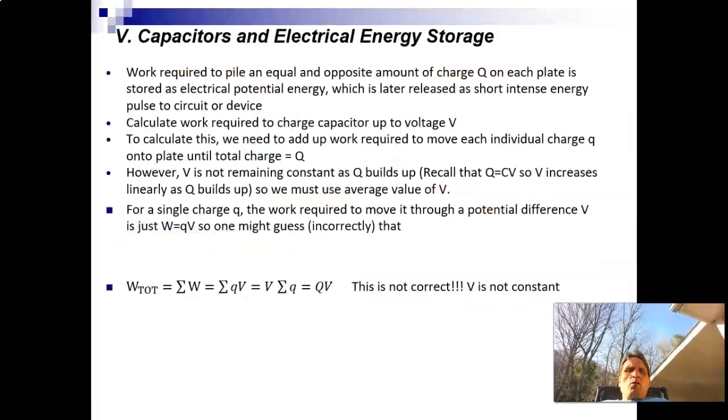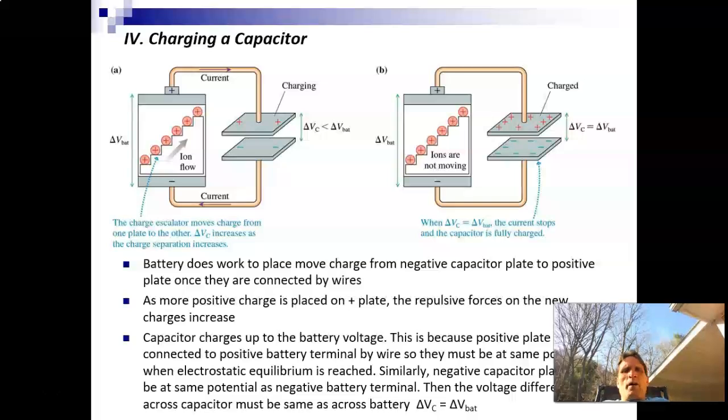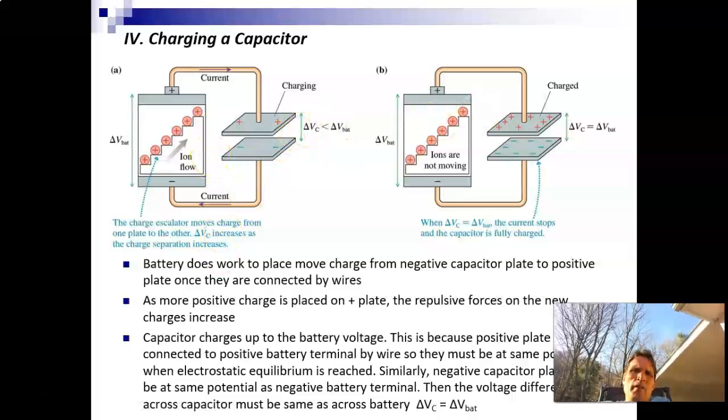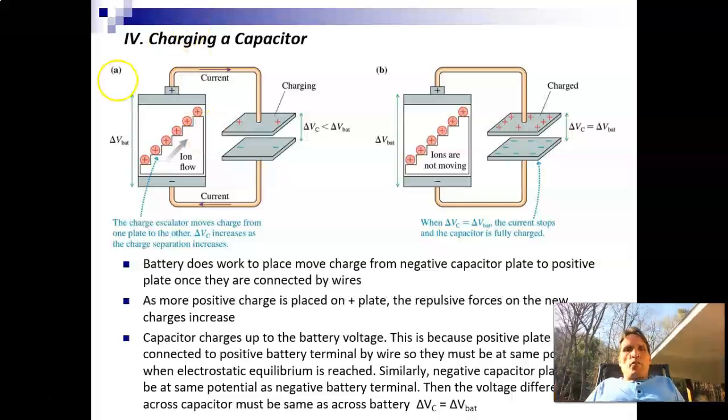Your author includes this. We talked about how much charge is on the plate, but a brief mention of how it's done probably doesn't hurt. Here's your author's little charge escalator. You charge a capacitor using a battery.